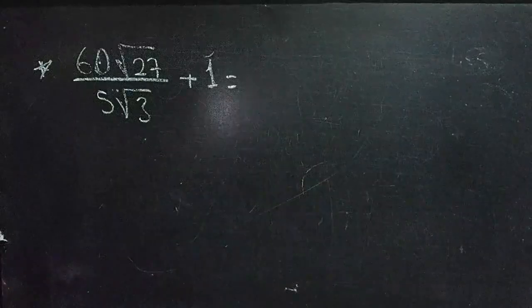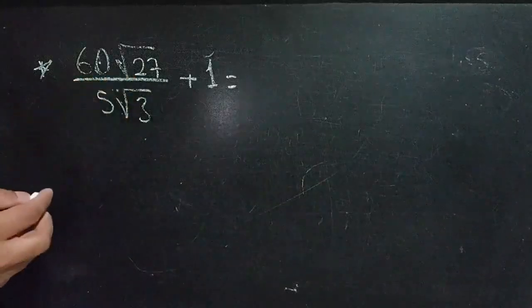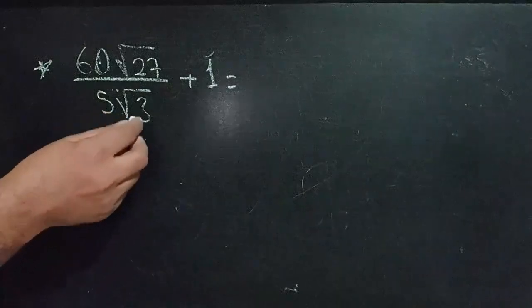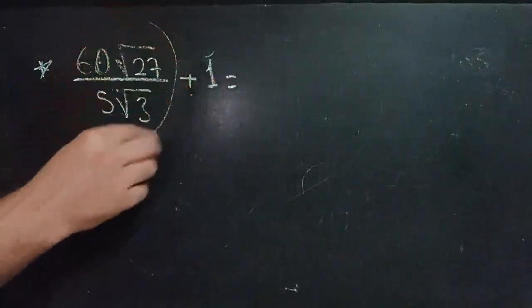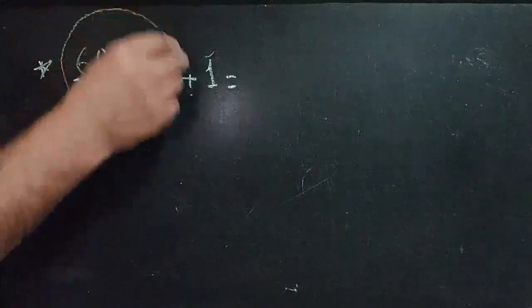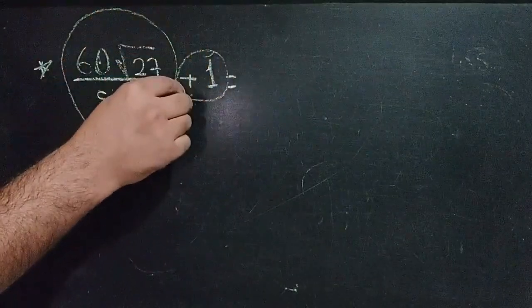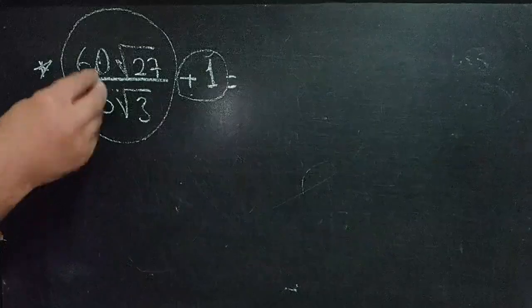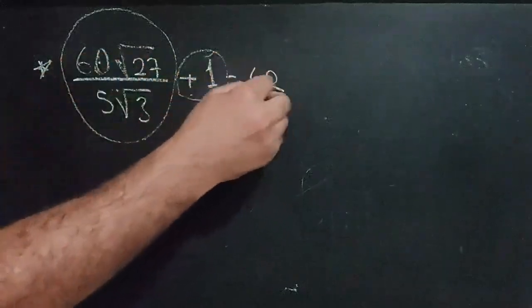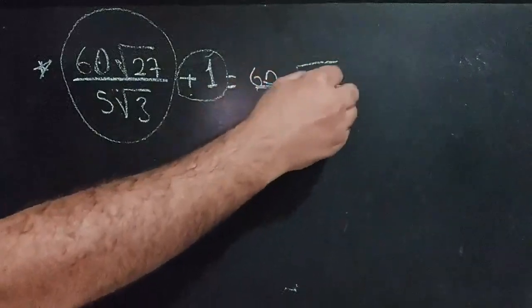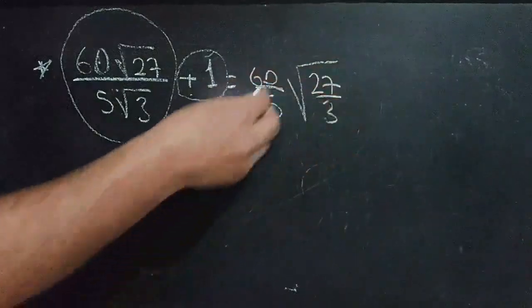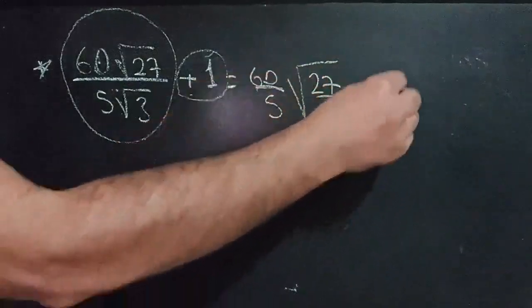My next question is 60 square root 27 over 5 square root 3 plus 1. So you must do this part first, then do the addition. Equal to division, 60 over 5, square root 27 over 3, plus 1.